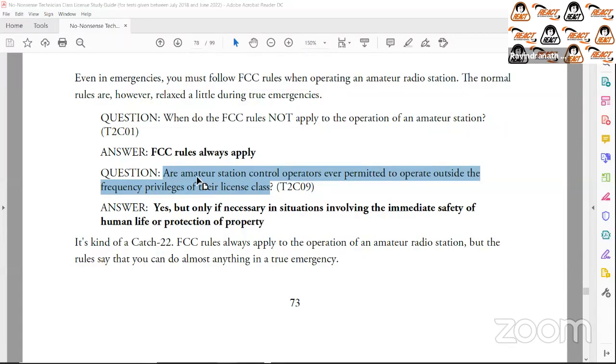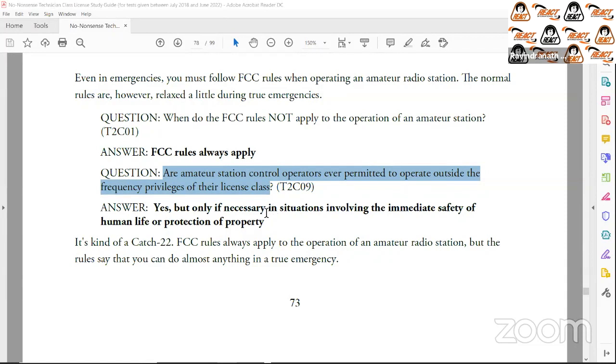All right, so are amateur station control operators ever permitted to operate outside the frequency privileges of their license class? The answer is yes, but only if necessary in situations involving the immediate safety of human life or protection of property. In other words, we say life or death situations. So if you're a technician operator and you don't normally have HF privileges, guess what?